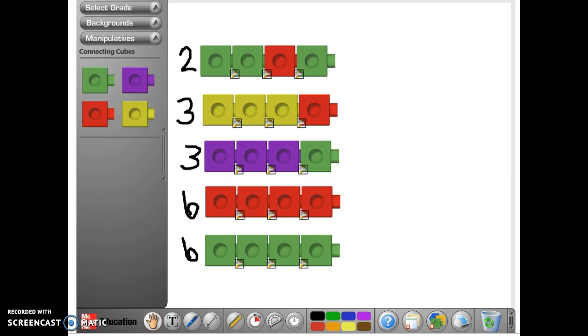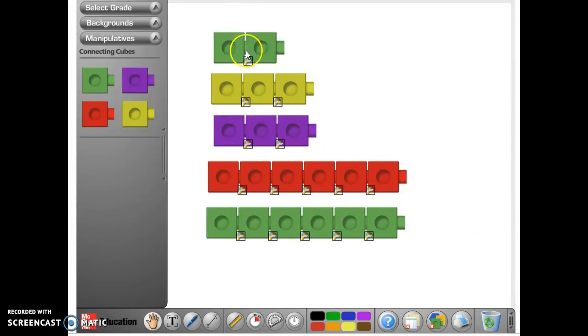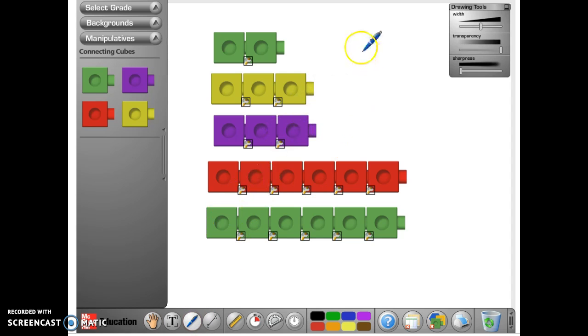Another possibility would have been to add up each individual cube. 1, 2, 3, 4, 5, 6, 7, 8, 9, 10, 11, 12, 13, 14, 15, 16, 17, 18, 19, 20. So you would have had 20 cubes total.